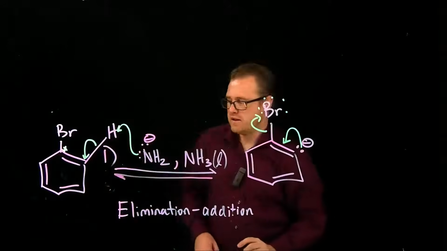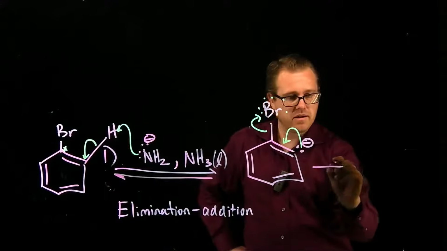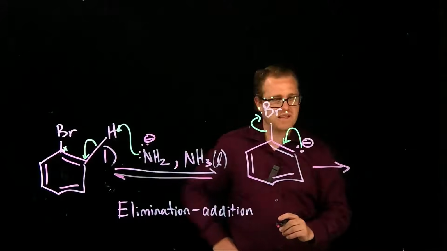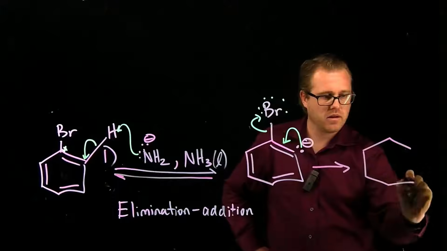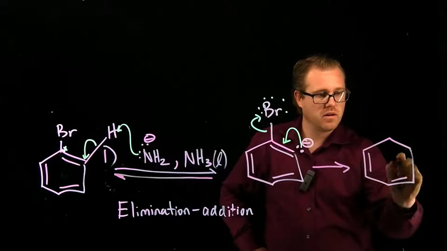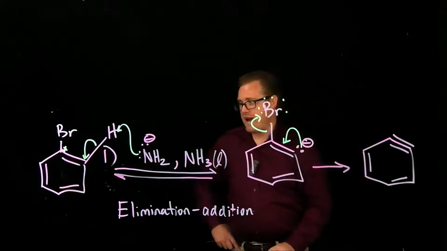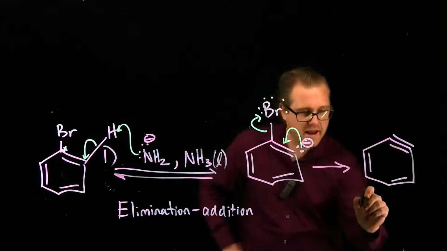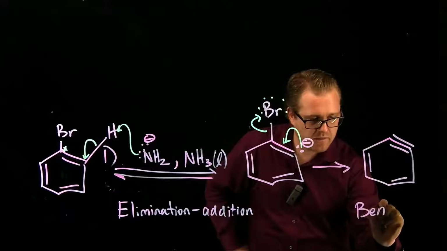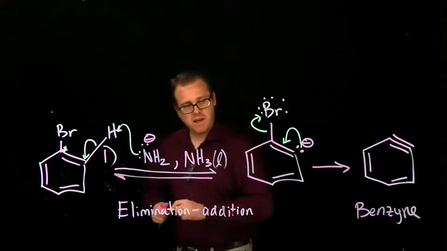And then this part right here, what's going to happen now? What's that going to look like? Boom. That is crazy looking. That compound right there is called the benzyne. That's our benzyne intermediate.